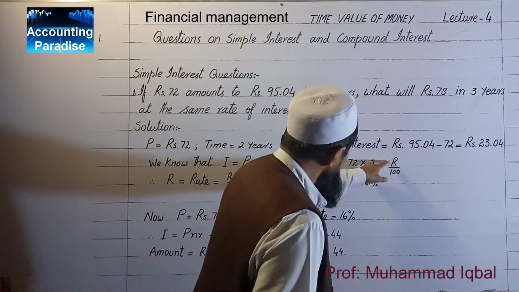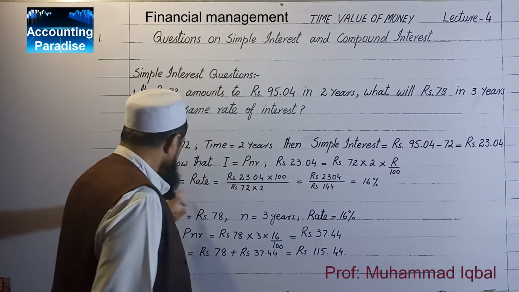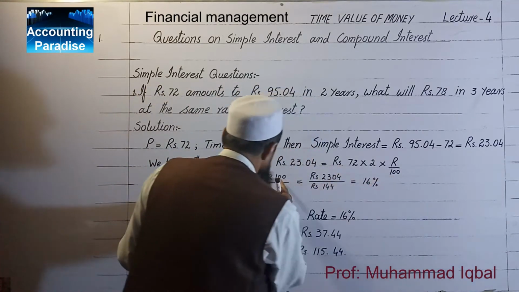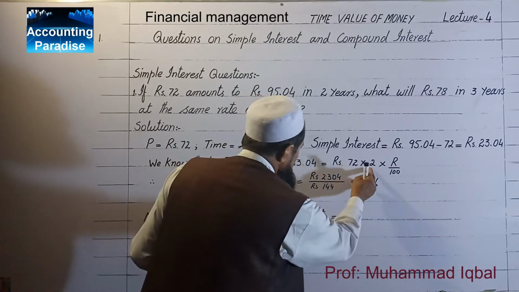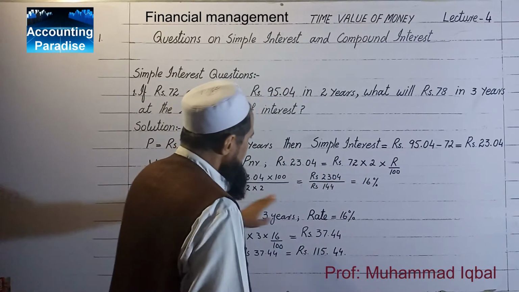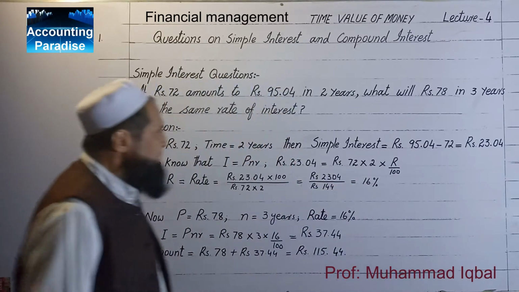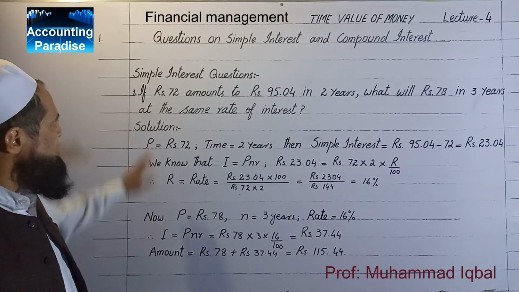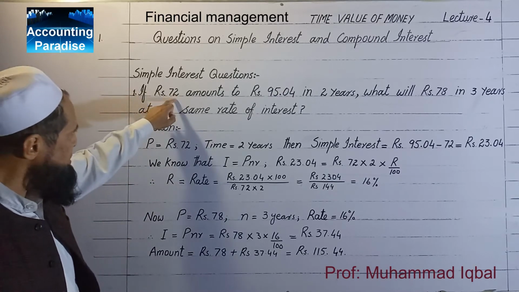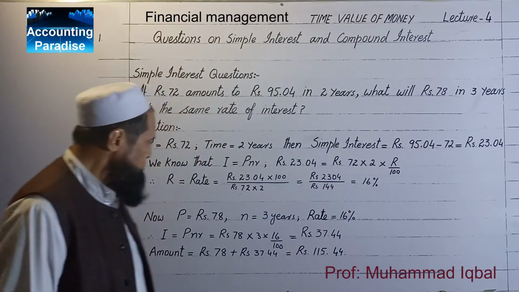Now we want to calculate the R, the rate. R or rate is equal to 100 will come to here and 72 and 2 will come here. Now by calculating we get 16% is the rate, which if added to this amount for 2 years, comes to 95.04.